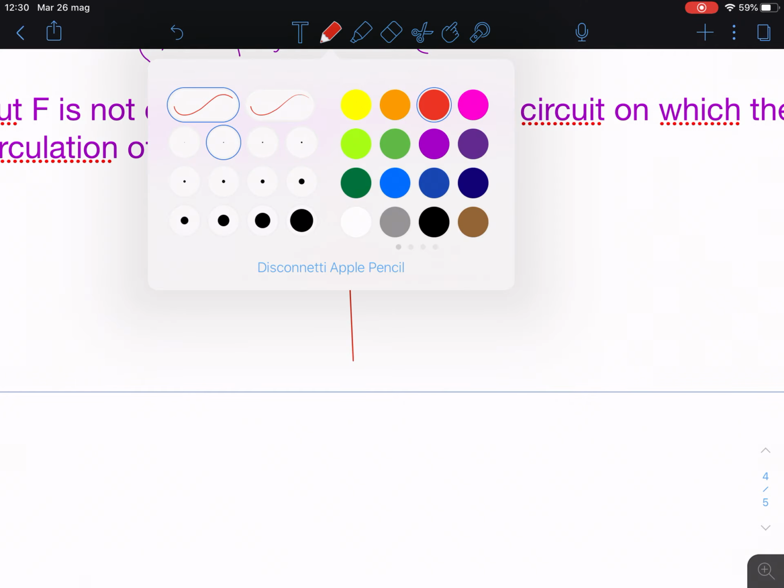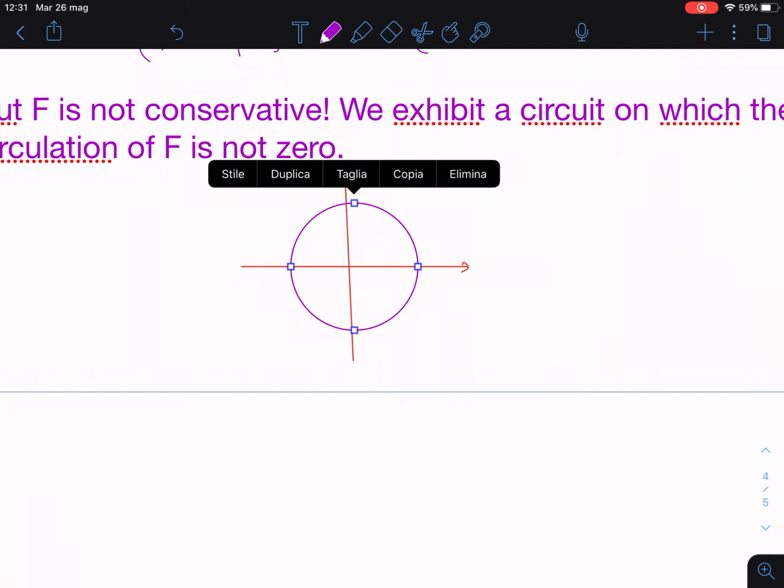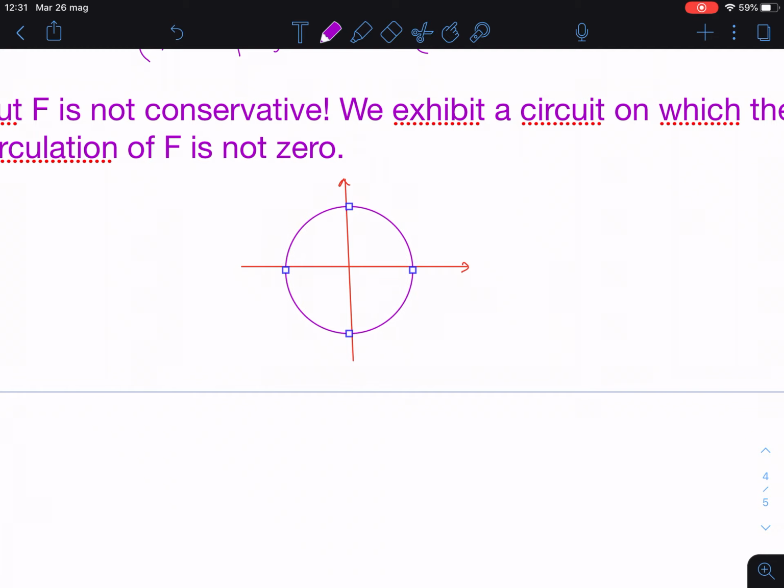So irrespective of the radius, we have, so let me see whether I'm able to do that. Okay, wonderful. Let me center a bit better. Okay, leave it like that.